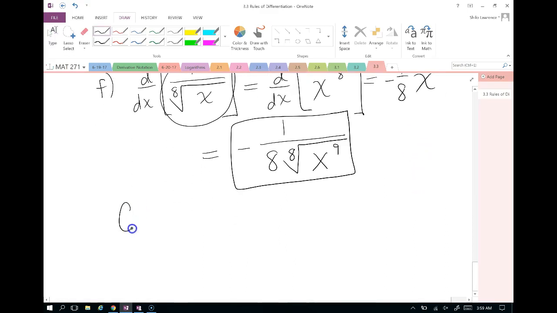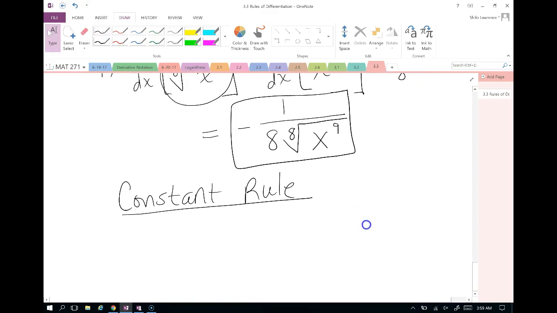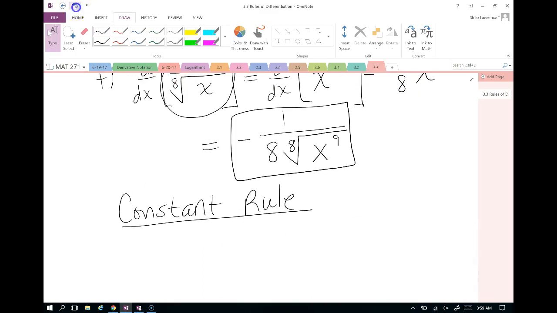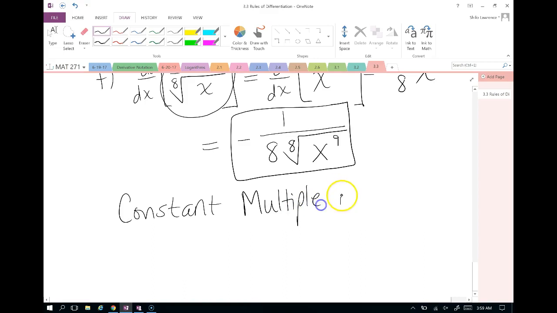Our next rule is not really its own rule of how to do new derivatives. It's called the constant multiple rule. And it tells us how to deal with coefficients.